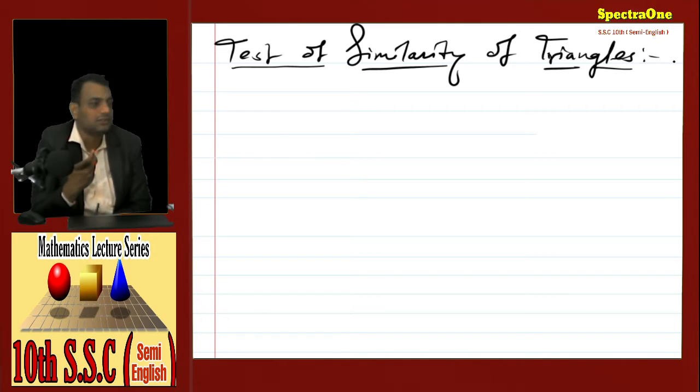What are the tests to detect similarity of triangles? Suppose one triangle is considered.